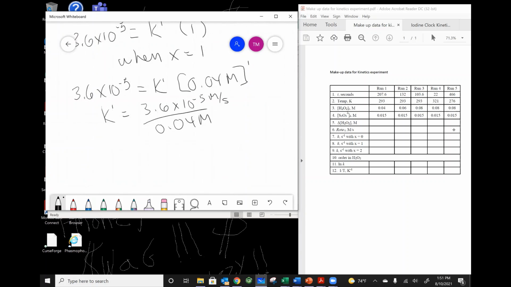Let's do this calculation. So this K value is going to be equal to 9.0 times 10 to the minus 4, and then it's going to be second to the minus 1 power because it's just per second.